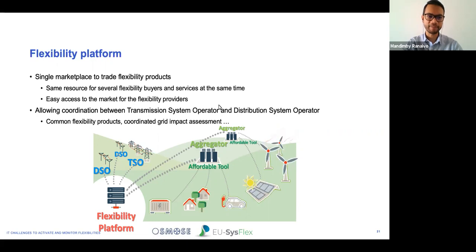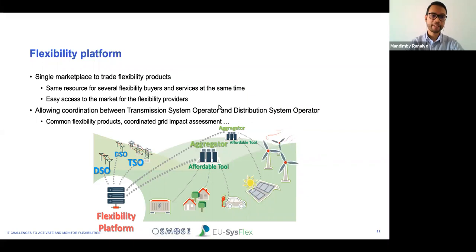And another role of the flexibility platform is that it allows de facto coordination between the transmission system operator and distribution system operator, thanks to common flexibility products and coordinated grid impact assessment, all of that supported by the use of this flexibility platform.